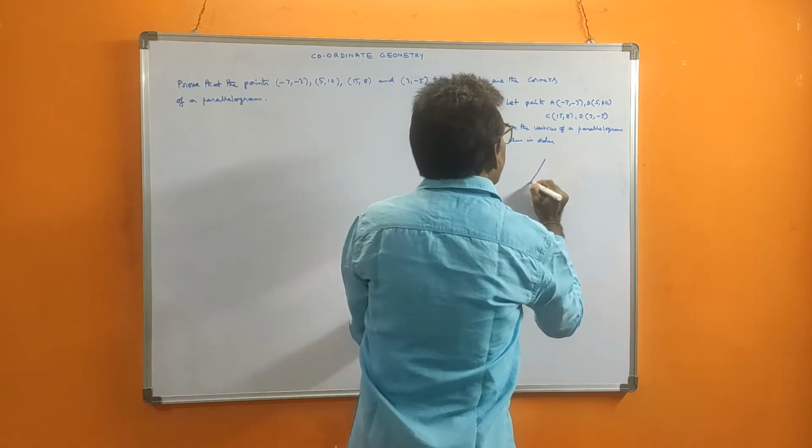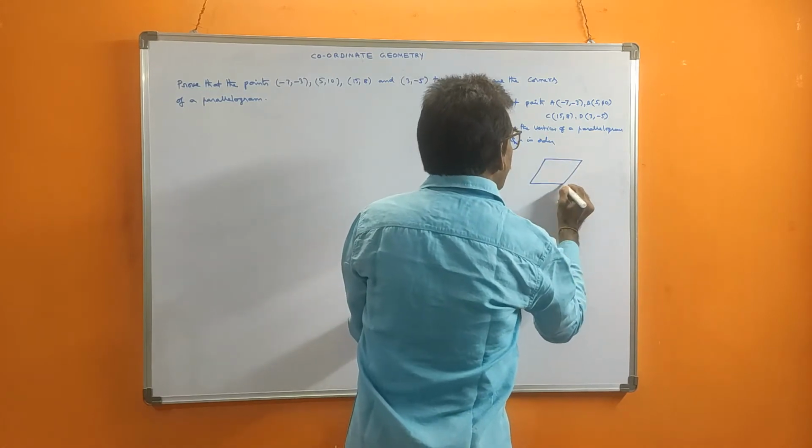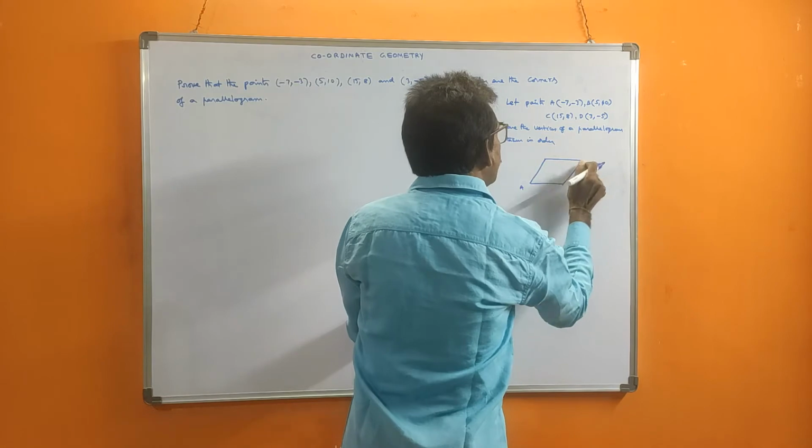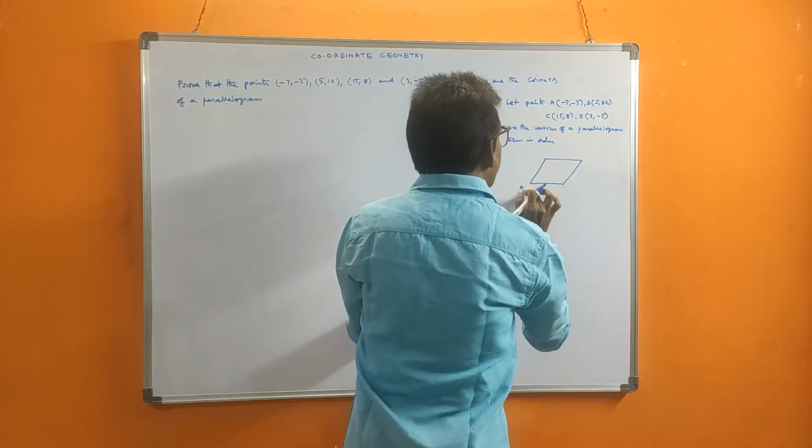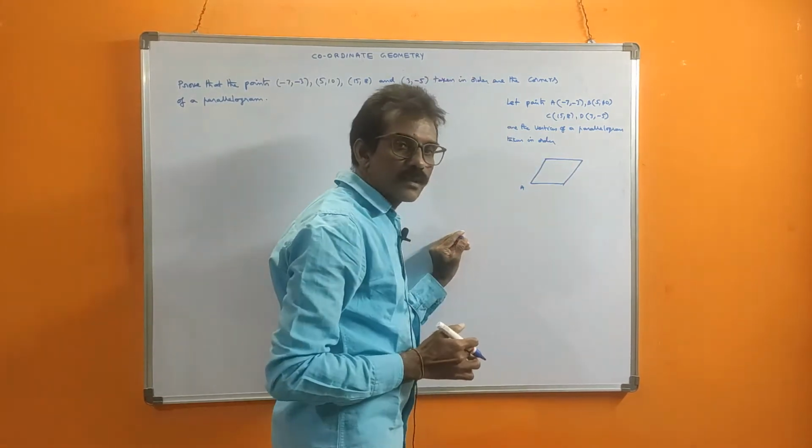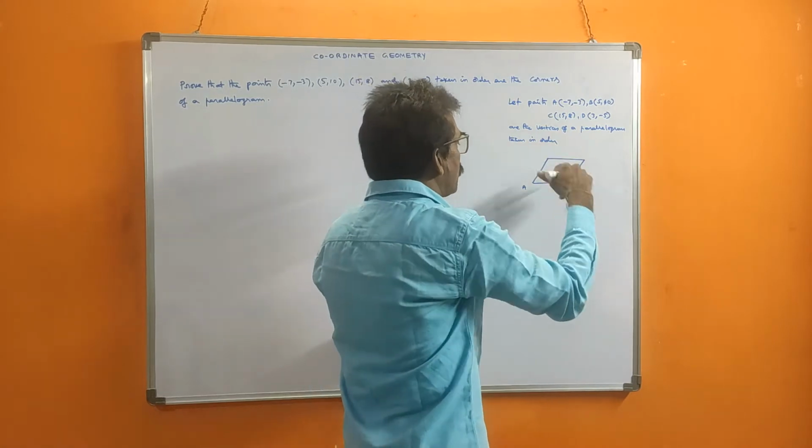So we are taking in this order. Anywhere you start, A, B, C, D, but the order should not change. Order means cyclic order.